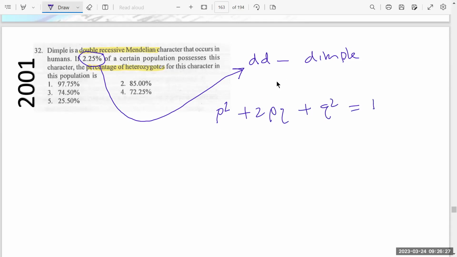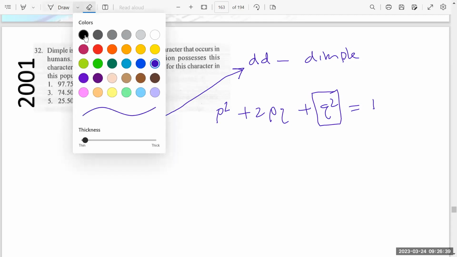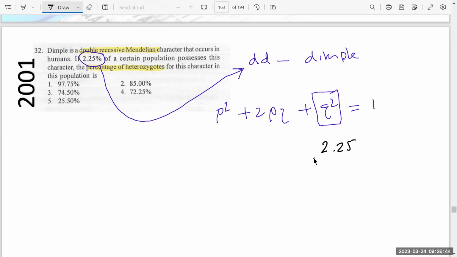So what we learn is that q squared is exactly 2.25 divided by 100. So we can now write q squared is 2.25 divided by 100.